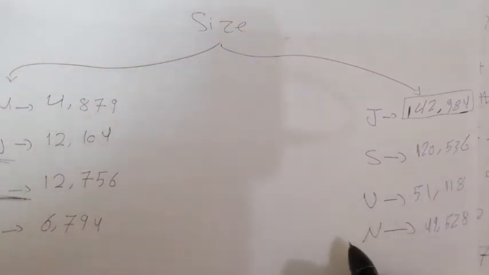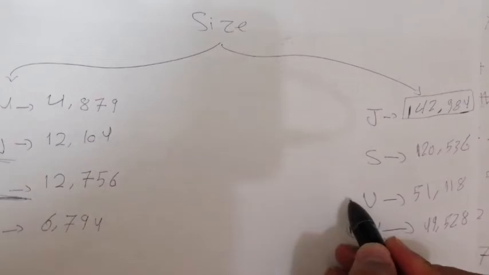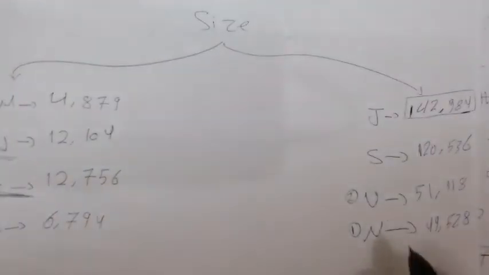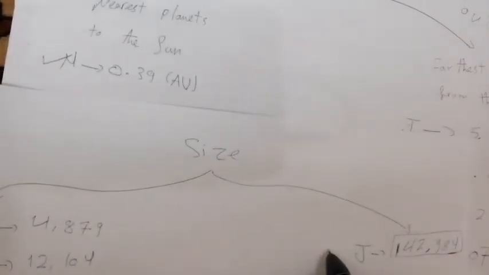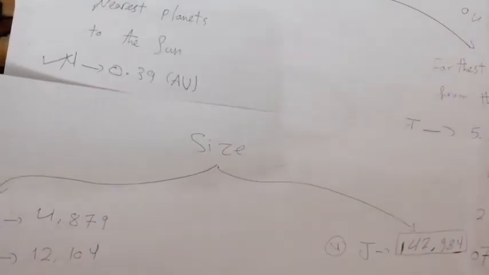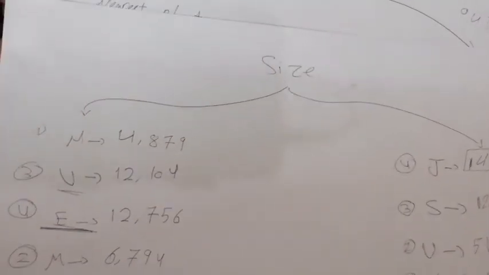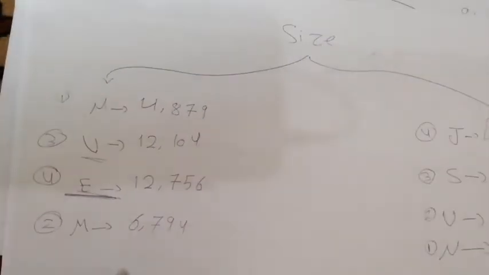So here the smallest planet is Neptune, then Uranus, then Saturn, and the biggest one, Jupiter. From smallest to biggest. From biggest to smallest, number one, Jupiter.